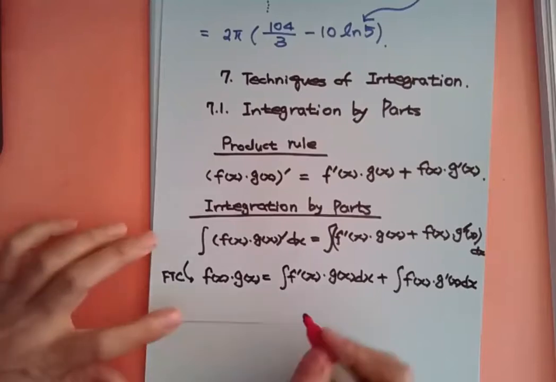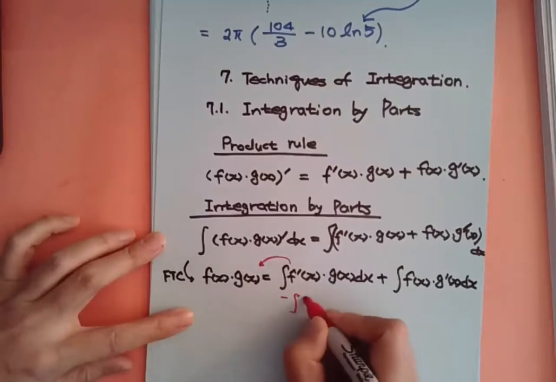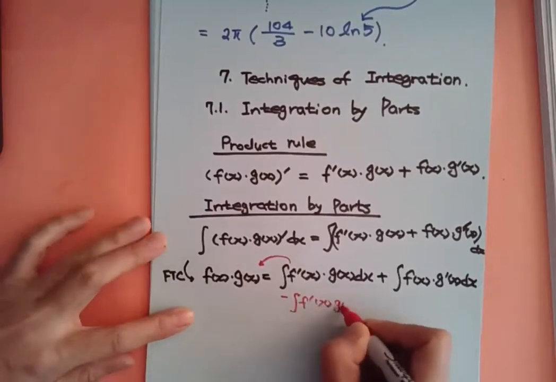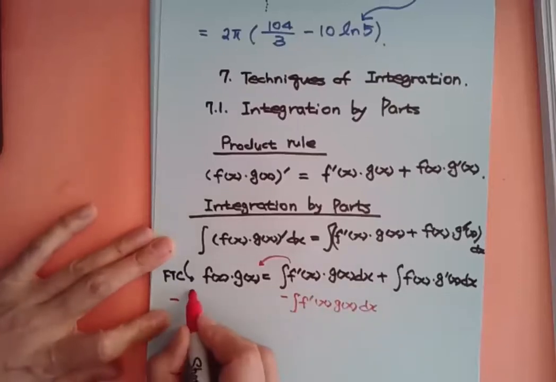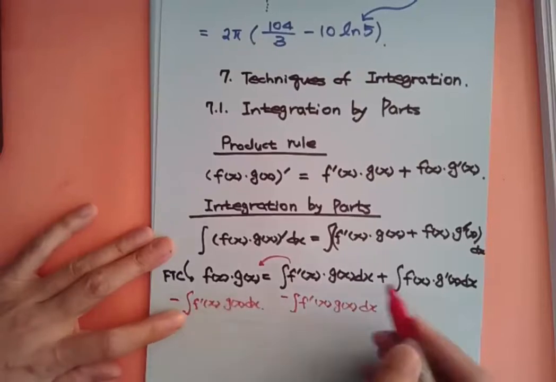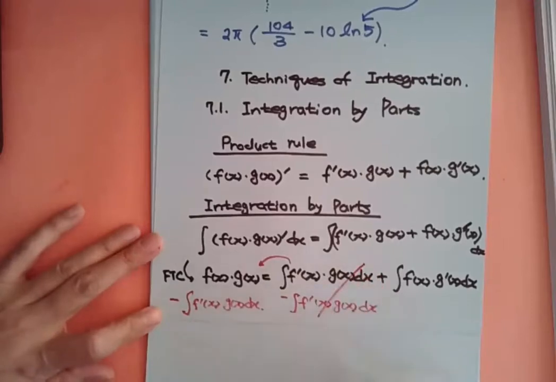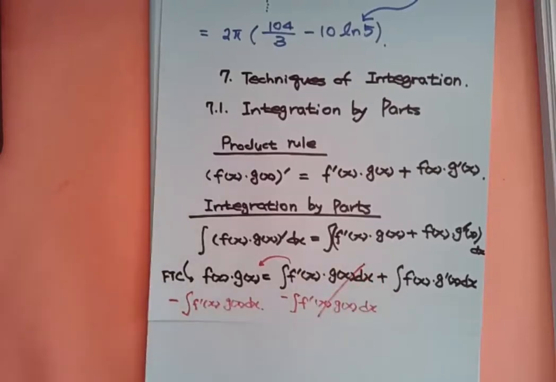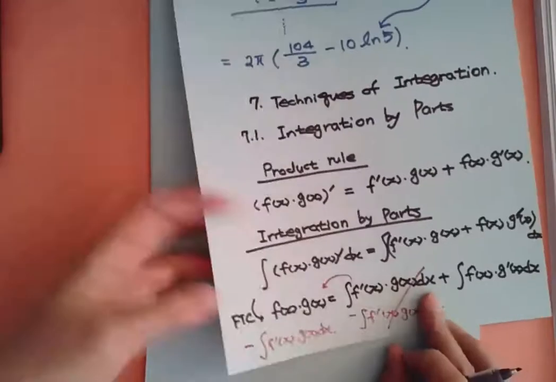And then what we want to do is move this one to the left. Then we have to subtract the same thing on both sides. Then on the right side, these two will cancel each other. And then we just switch the left and right side. Then on the left side, we have integration of f times g prime.